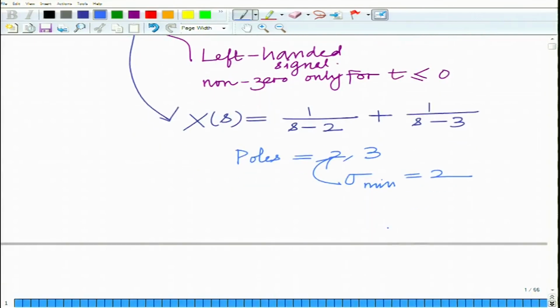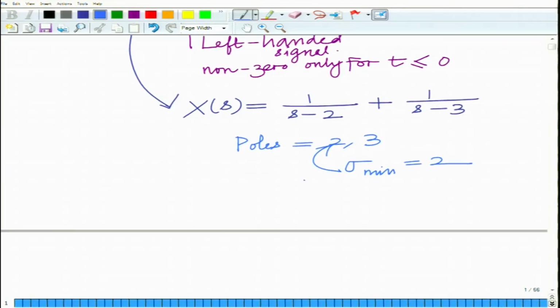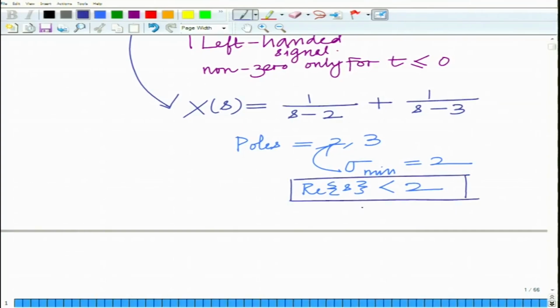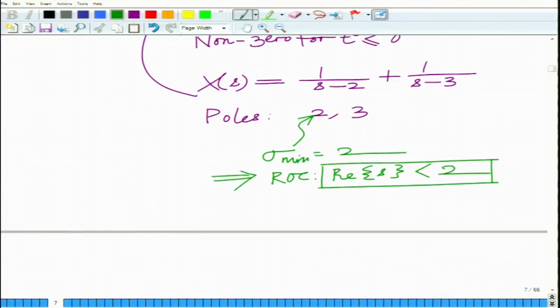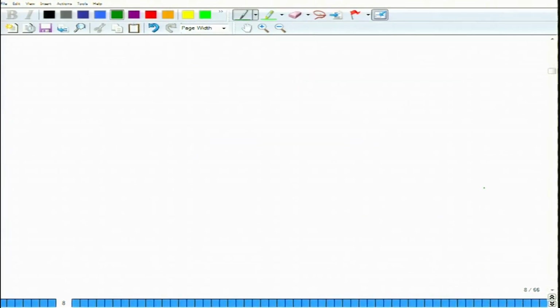Therefore, the ROC of this left handed signal is of the form real part of S less than sigma min, which is 2, and therefore, this is the ROC of the left handed signal.